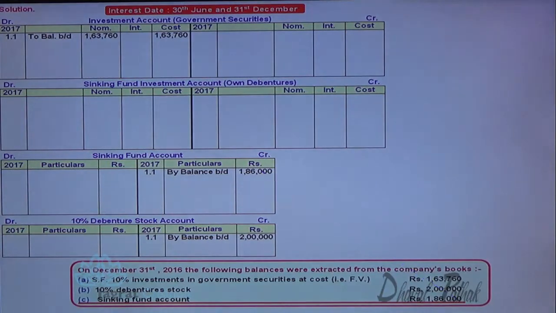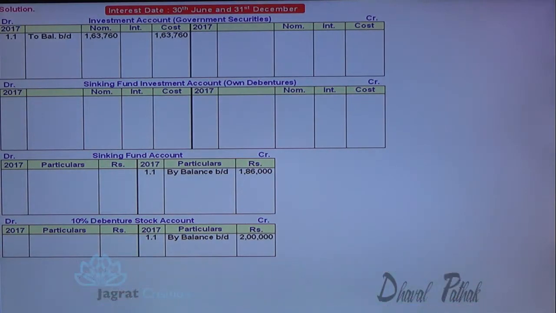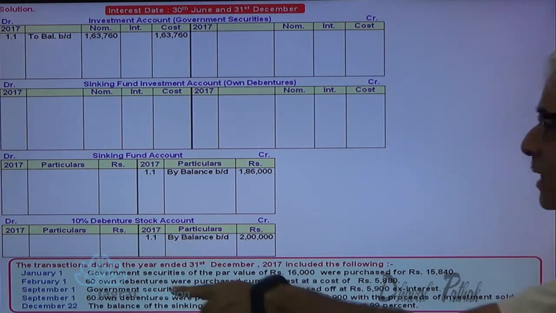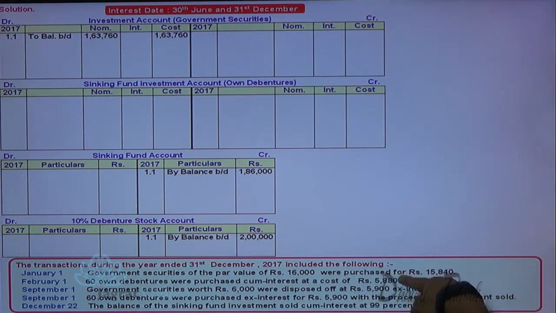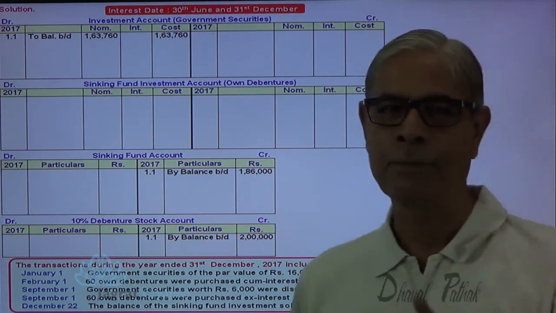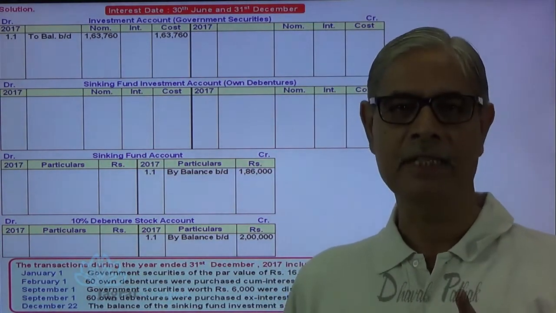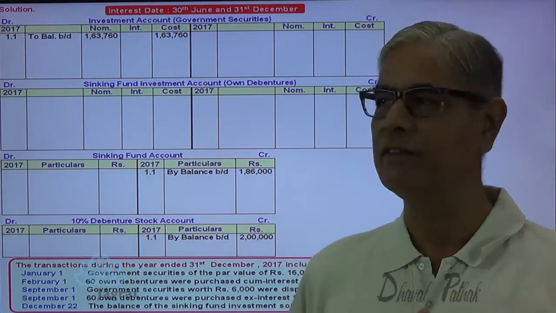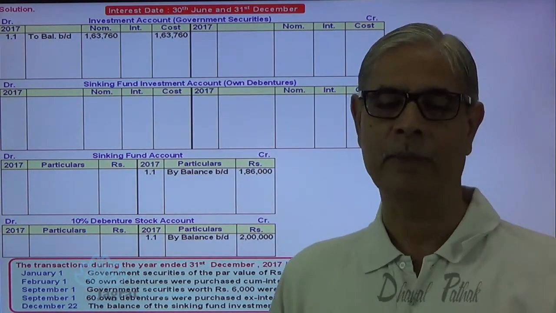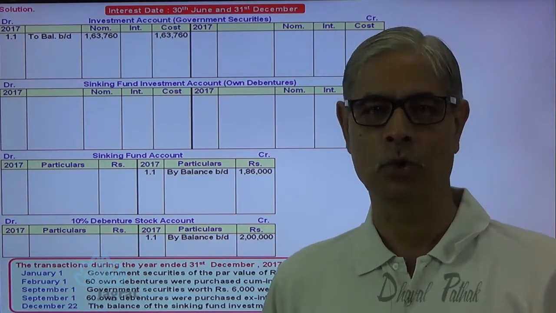Now let us consider the transactions. First transaction: government securities of par value 16,000 purchased for 15,840 on 1st of January. The purchase price is given ex-interest. When you purchase the investment, the investment account is to be debited because it comes into your ownership.